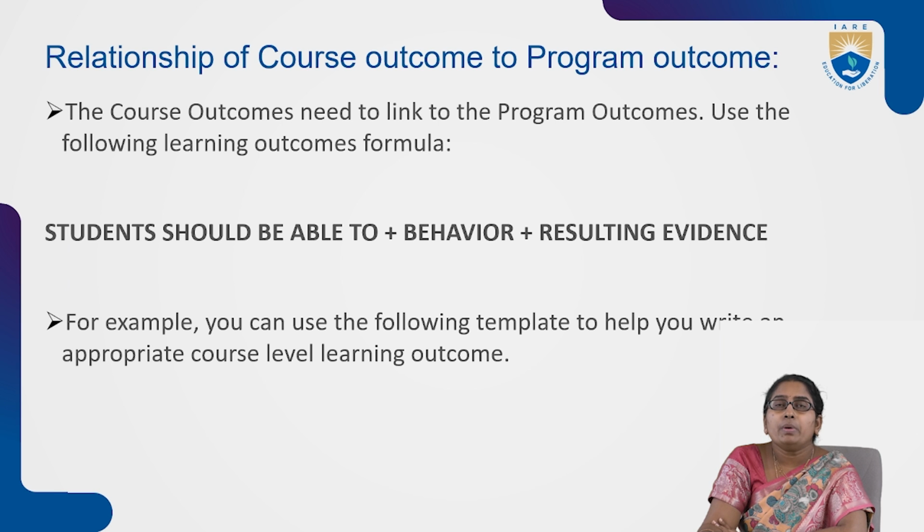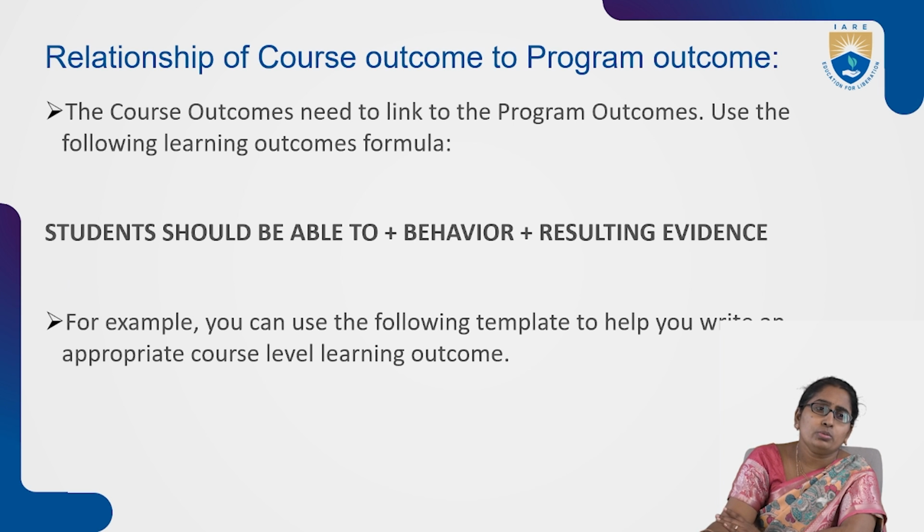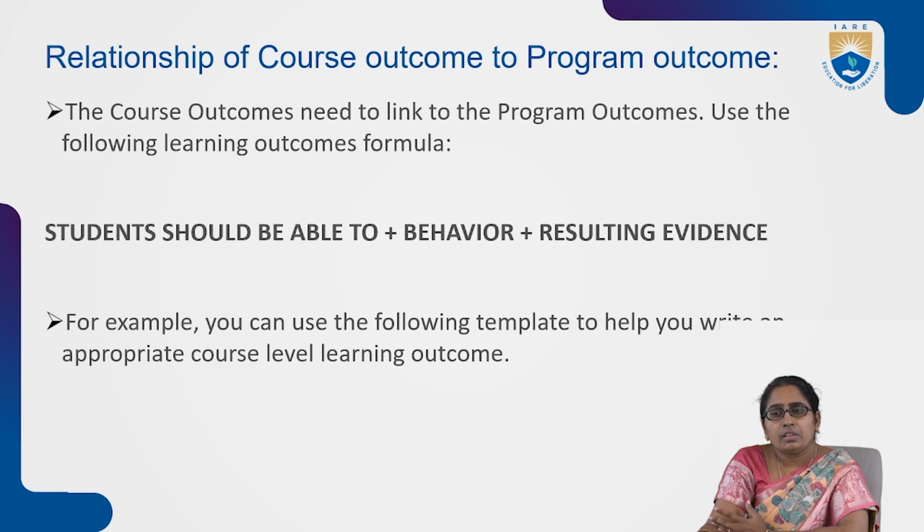And the relationship of course outcome to the program outcome. There is a relationship between the course outcome and program outcome. That is given by the course outcome linking the program outcome using the following formula: what the student should be able to do, plus behavior, plus resulting evidence. So first is what the student should be able to do after learning that course, plus behavior, and then resulting evidence.